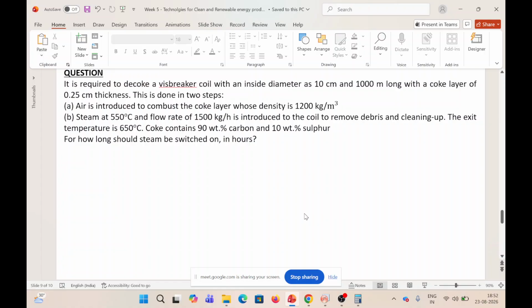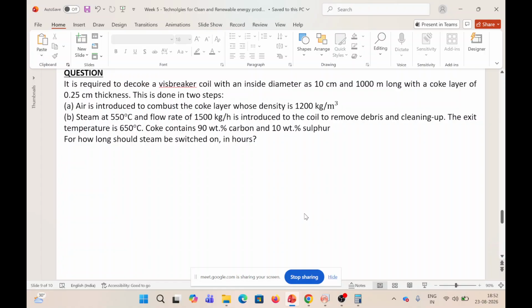So you are supposed to decoke a visbreaker coil, inside an equipment whose inner diameter is 10 centimeter, and it's going to be 1000 meter long, and the coke layer is 0.25 centimeter thickness. It is going to be done in two steps.